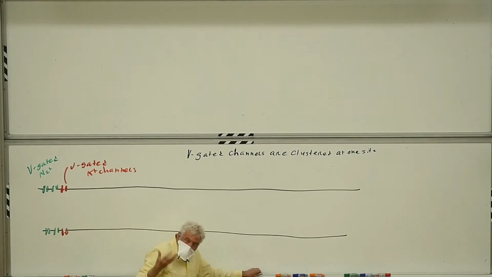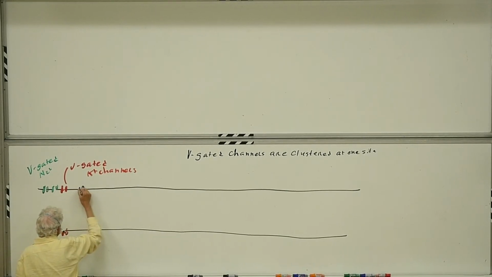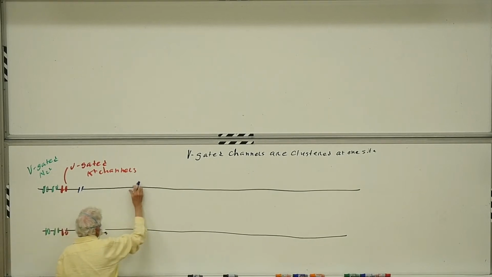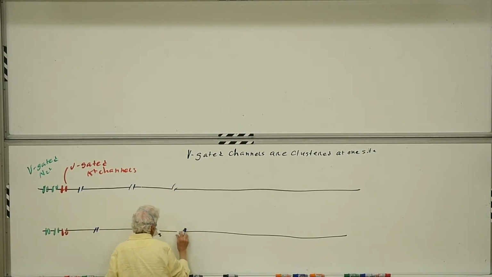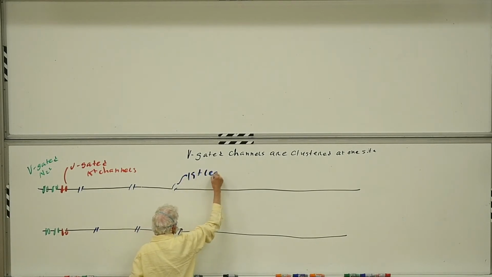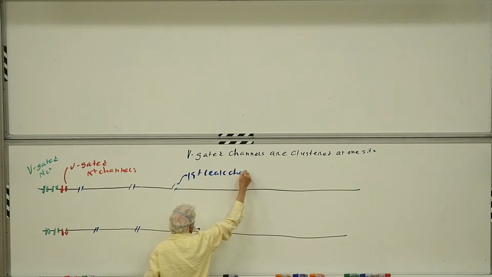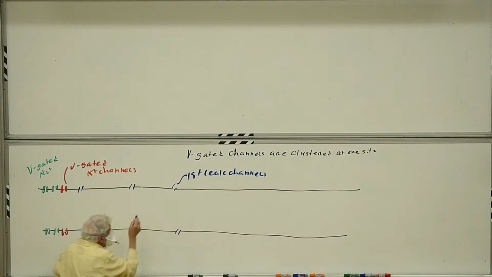Now, to have a membrane potential, we still have to have some leak channels. So all on the membrane here, we're going to put in our old friends, the potassium leak channels. And remember, they have the capacity to carry positive charge out of the cell.